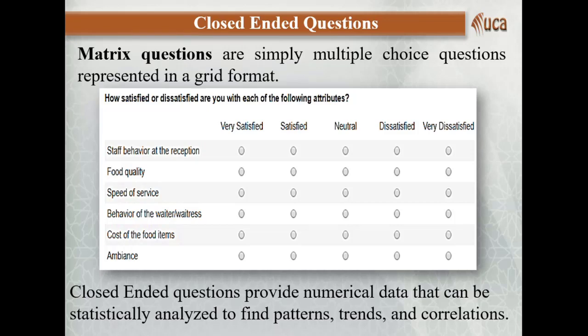So closed-ended questions are very important, as a conclusion, because they provide numerical data which give opportunity to statistical analysis.